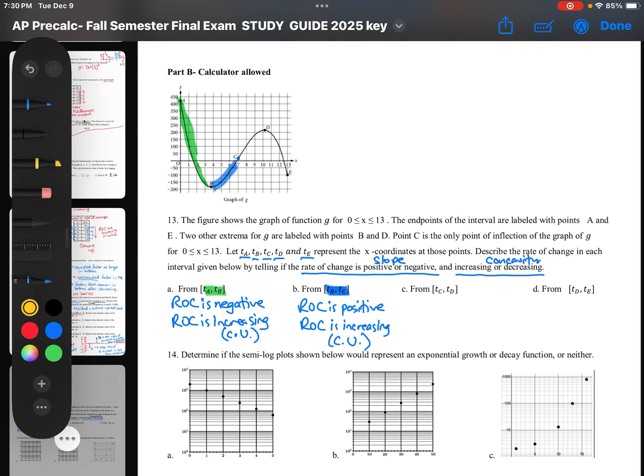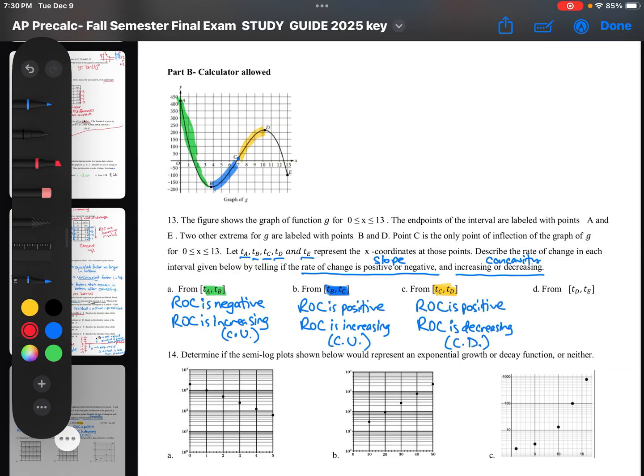Then I look from C to D. From C to D, I can see that the rate of change is positive, and again, that's because we have a positive slope. But we're concave down, so the rate of change is decreasing.